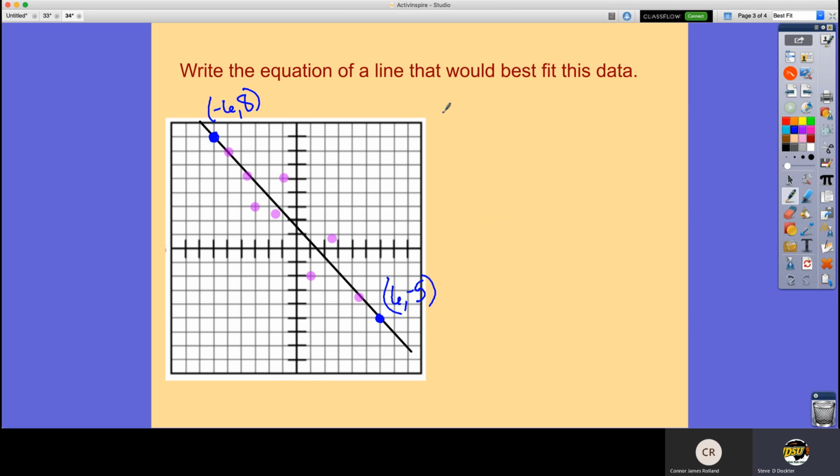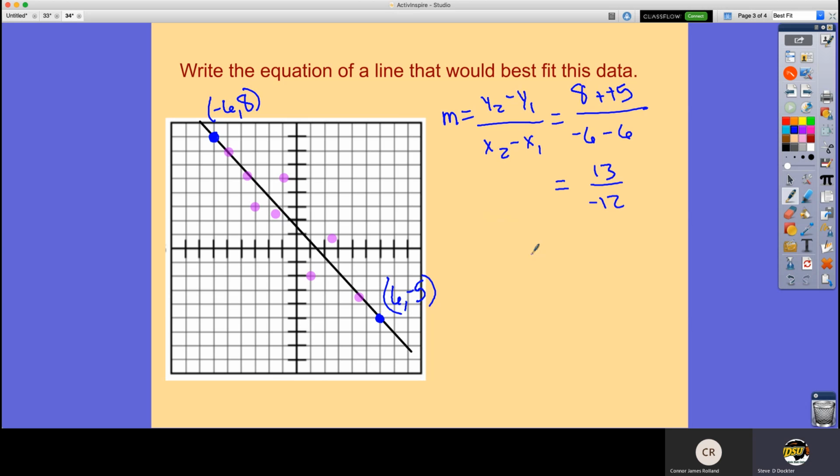The equation is y2 minus y1 over x2 minus x1. We just plug in our y values. So 8 minus -5 over -6 minus 6. We get a slope of 13 over -12. Not the nicest slope in the world, but it'll work.